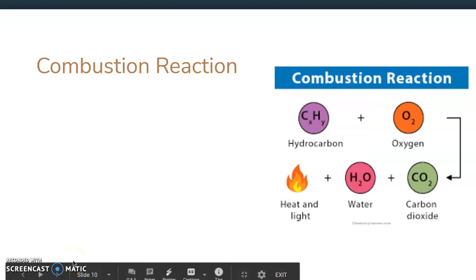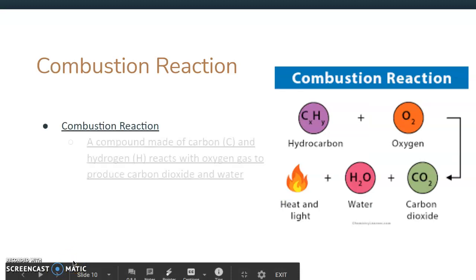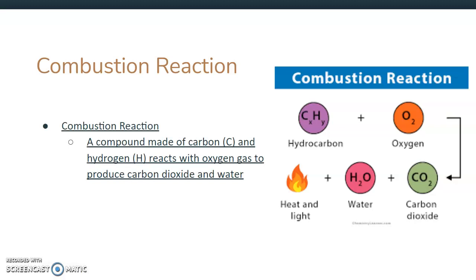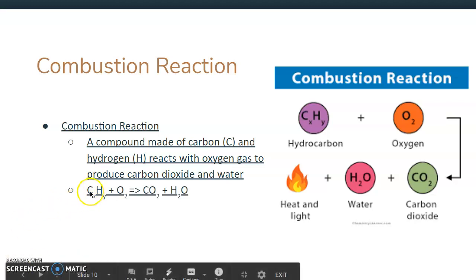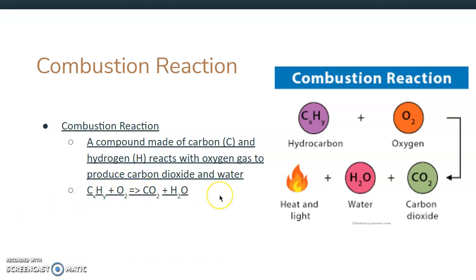Then maybe the one we might be most familiar with is a combustion reaction. This one is a very specific reaction, but it's a compound made of carbon and hydrogen that reacts with oxygen gas to produce carbon dioxide and water. Or, to put it in our variable terms, we have CxHy plus O2 goes to CO2 and H2O.